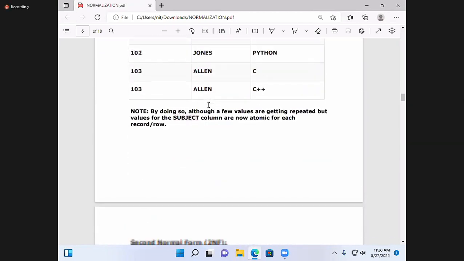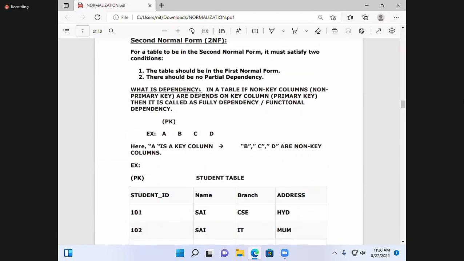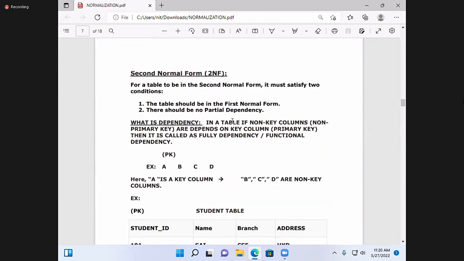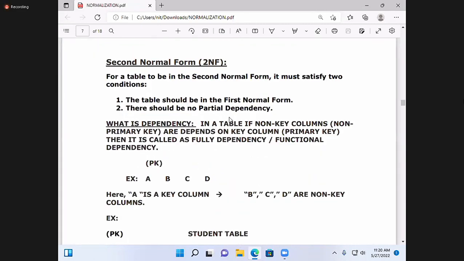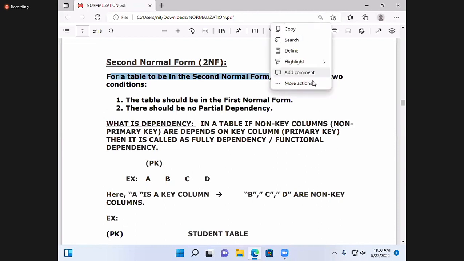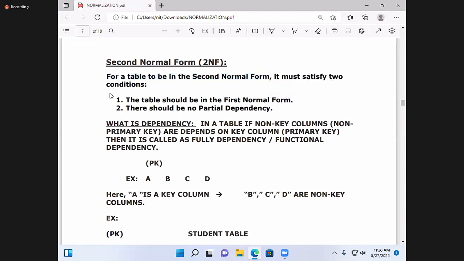Observe, and come to the next one, second normal form. So what is second normal form? Carefully observe. For a table to be in the second normal form, it must satisfy two conditions. The first one is that the table should be in the first normal form.